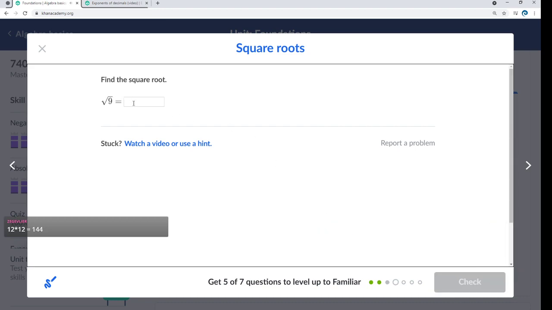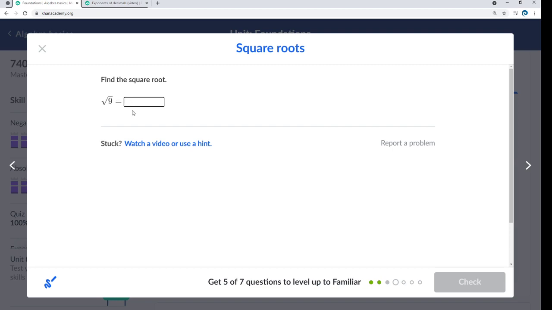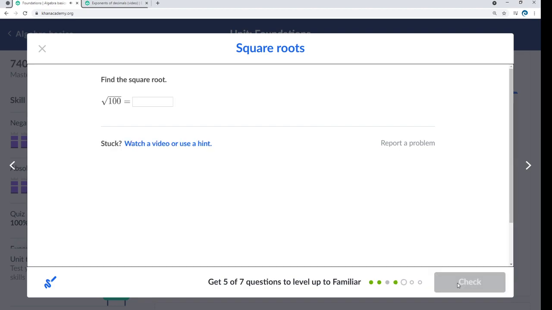And the square root of 9 is going to be 3. It's 3, right? 3 times 3 is 9. Duh. Square root of 100.